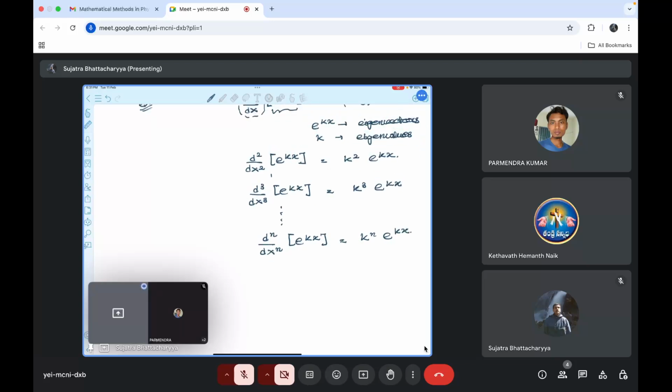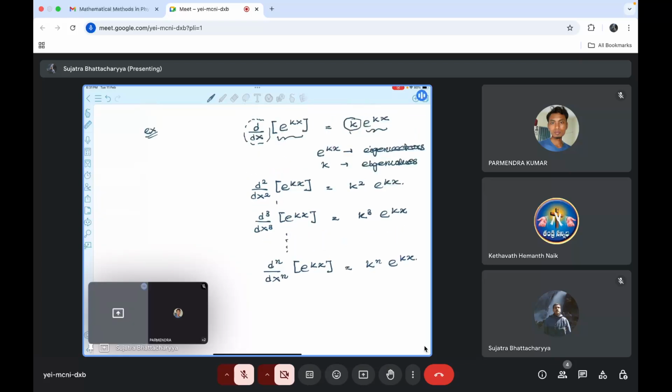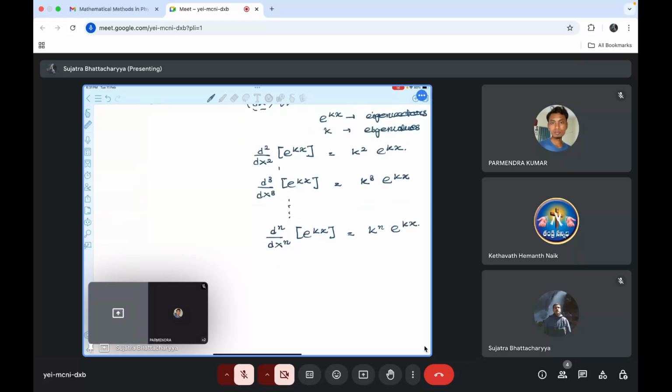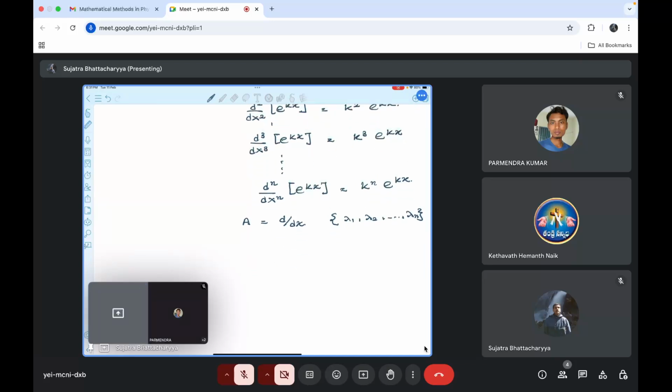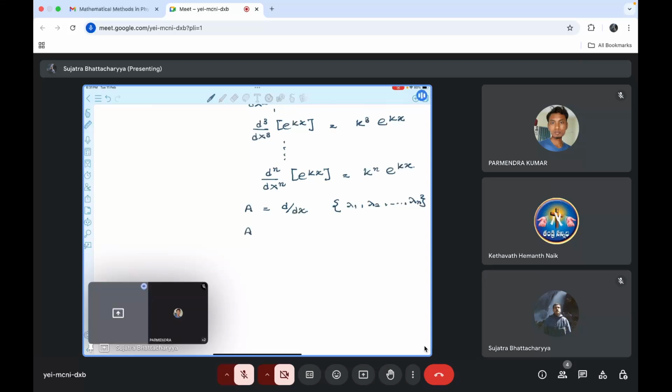Correct. So what you are getting is that if your A is suppose d/dx, its eigenspectrum will be say lambda 1, lambda 2, and so on up to lambda n, depending on the eigenvectors. Now if you have d^n/dx^n, then what will be your eigenspectrum?